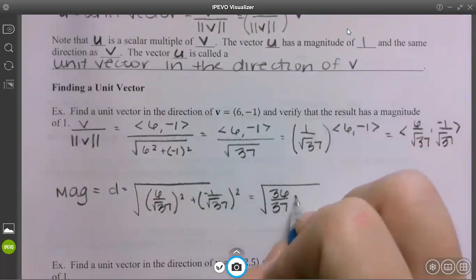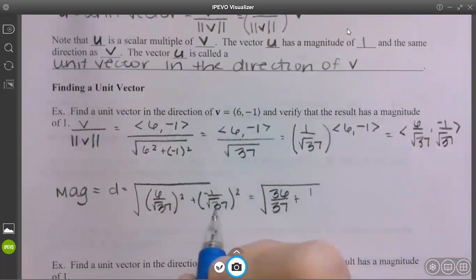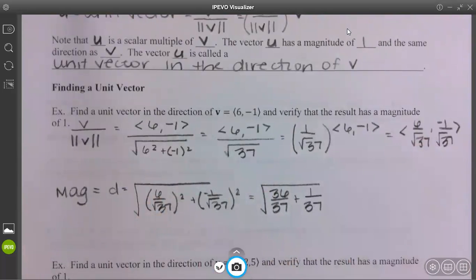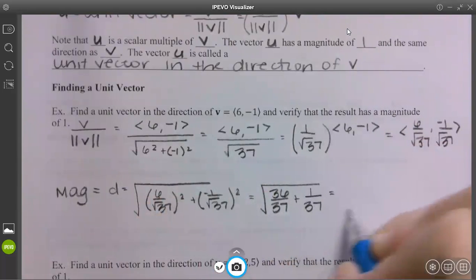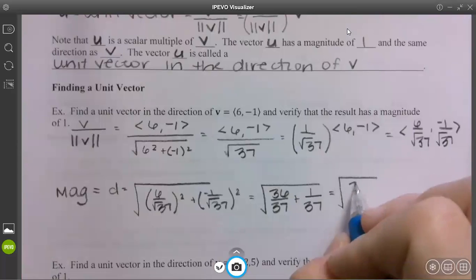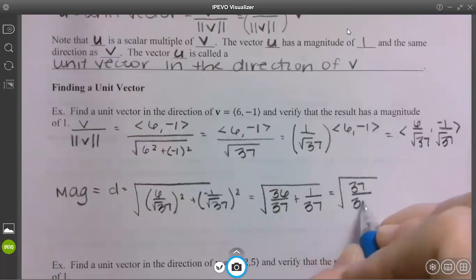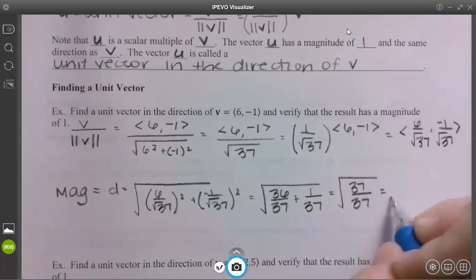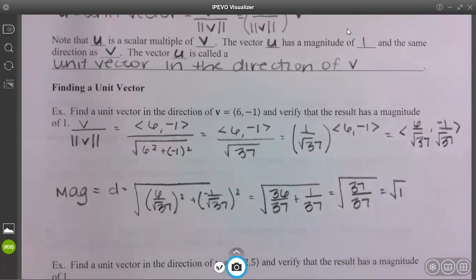When we square -1, we get +1. When we square the square root of 37, we get 37. When you add these fractions up, 36 plus 1 is 37 over 37. 37 over 37 is 1, and the square root of 1 is 1.